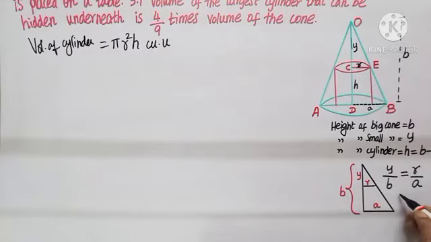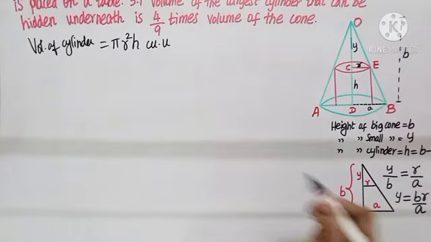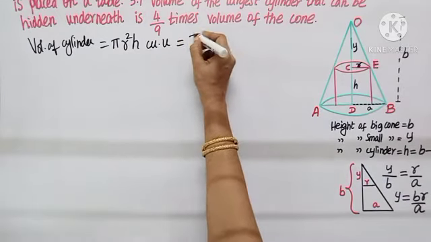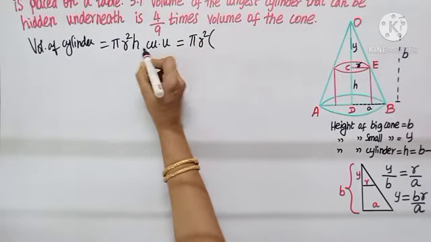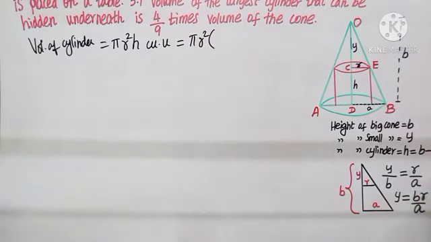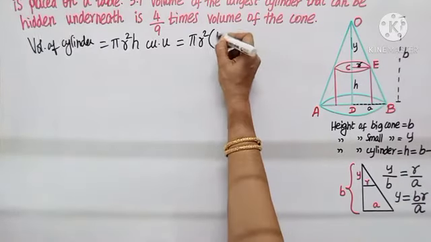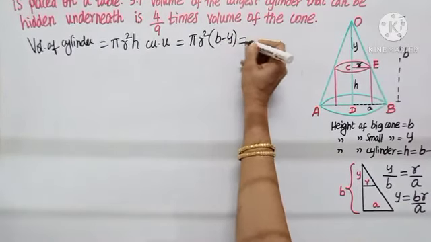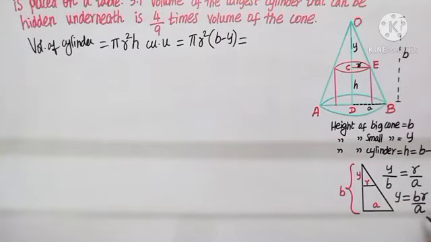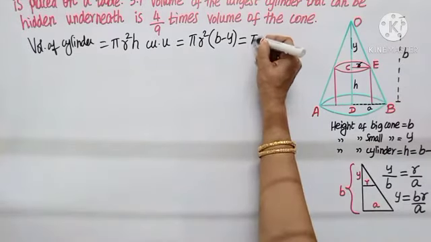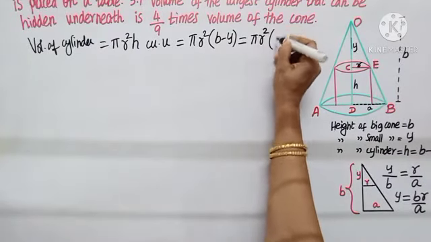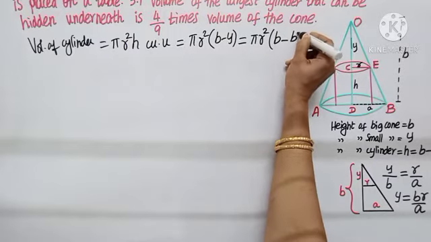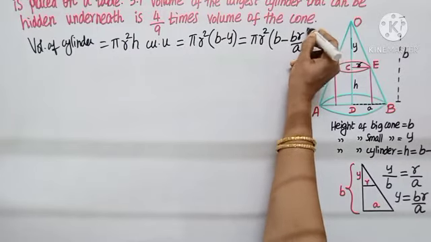So what is y from here? Y equals BR by A. Let me substitute pi r square. What is h actually? H is b minus y. But what is y we have calculated? BR by A. So it is pi r square b minus BR by A.